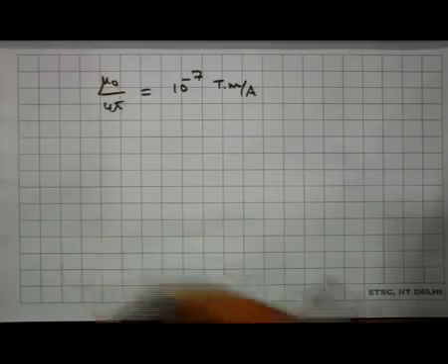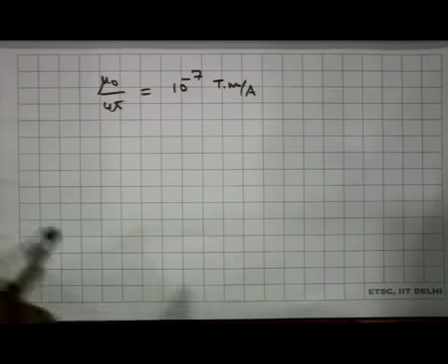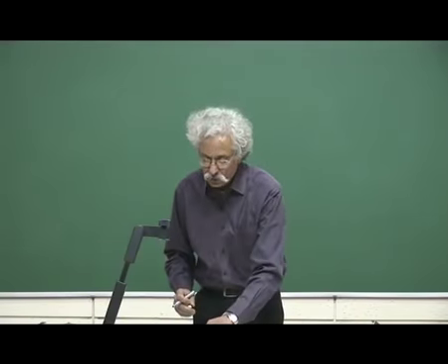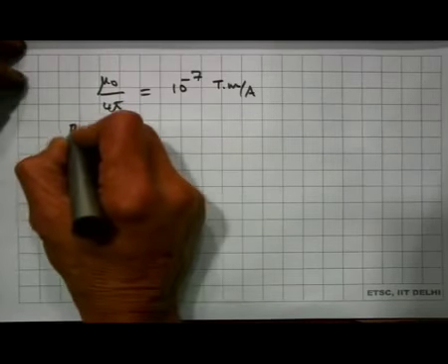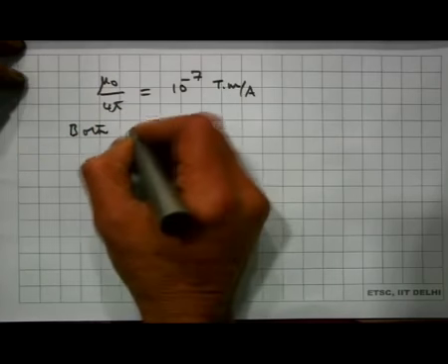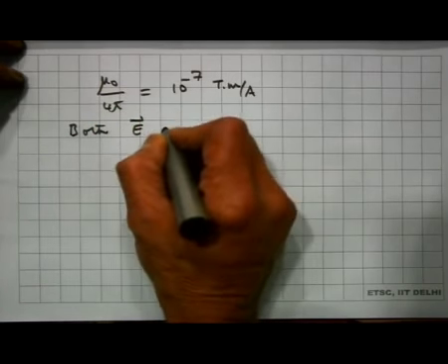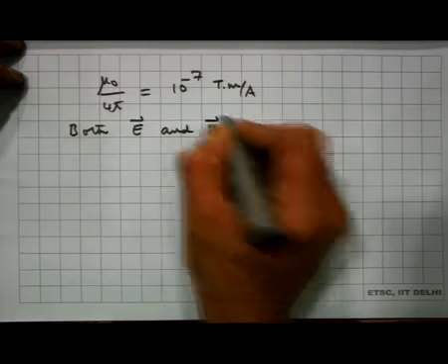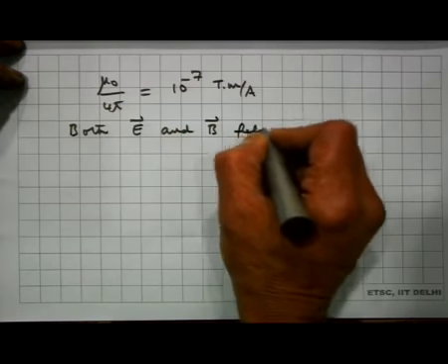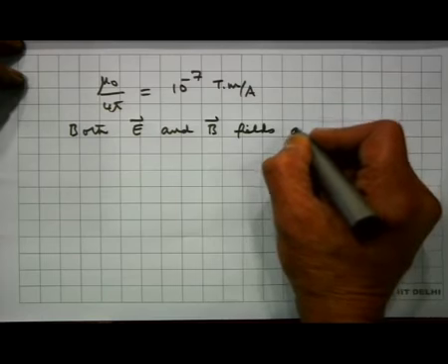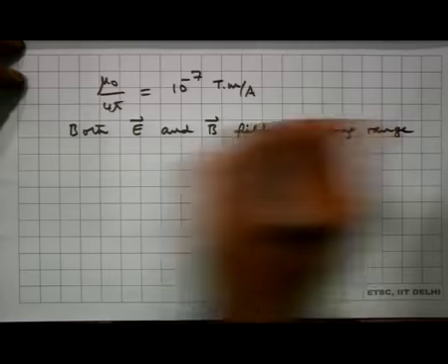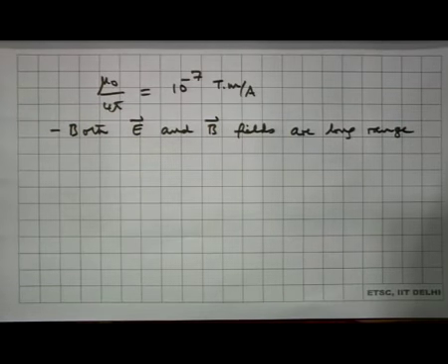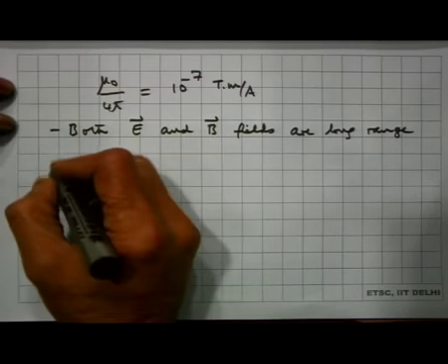Now I want to make a comparison between the electric and magnetic fields, as we have seen here. Both E and B fields are long range. So they can act at very large distances, they are long range forces.